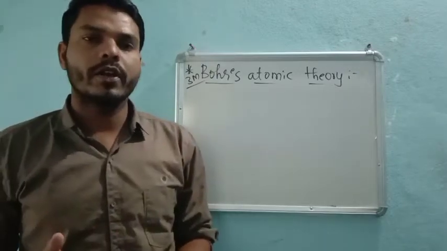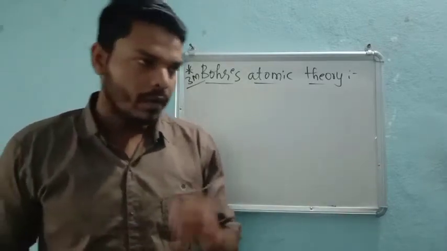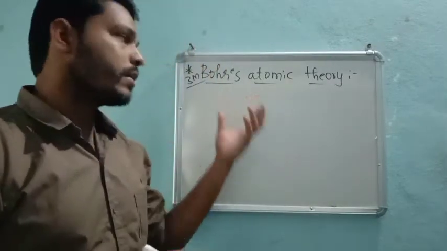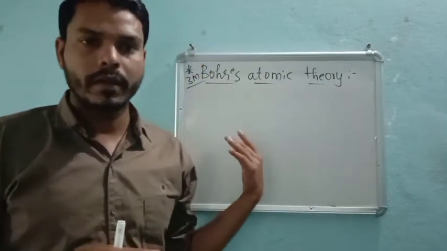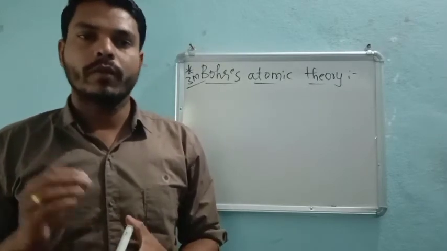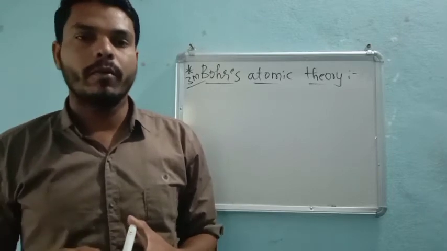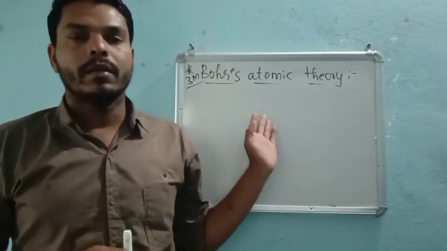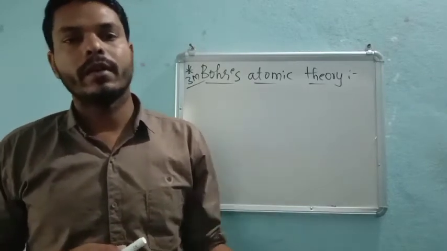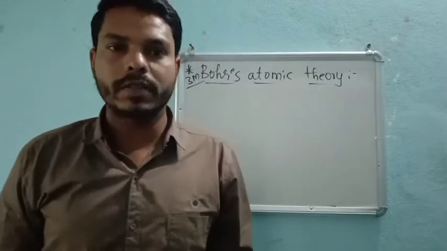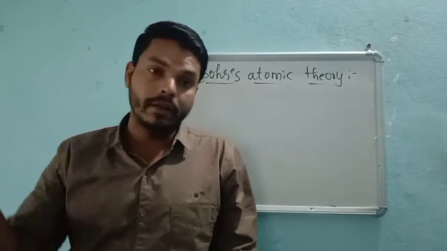His considerations and assumptions were different from Thomson and Rutherford, and it is the most perfect theory we can say. Till now we still follow this theory. Dear students, the points here are very important. He explained everything about the atom: how the electron revolves, where, and what the different shells and subshells are, even up to the electron filling rule.